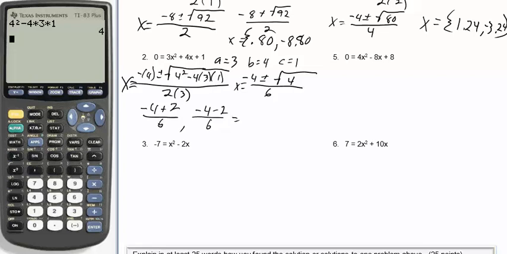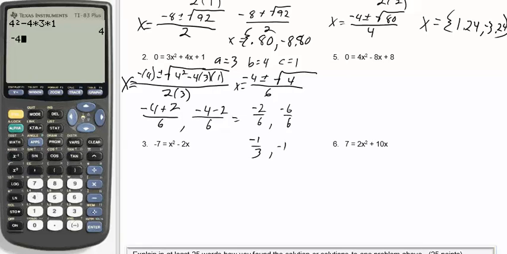So negative 2 over 6, and negative 6 over 6, which is negative 1/3 and negative 1.